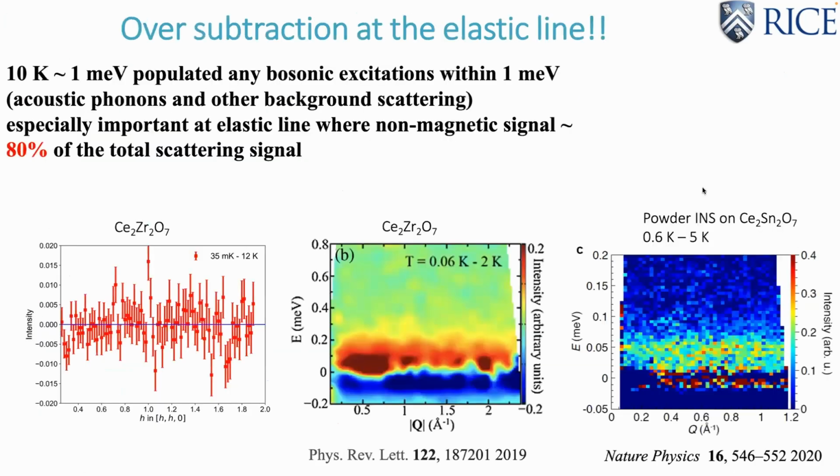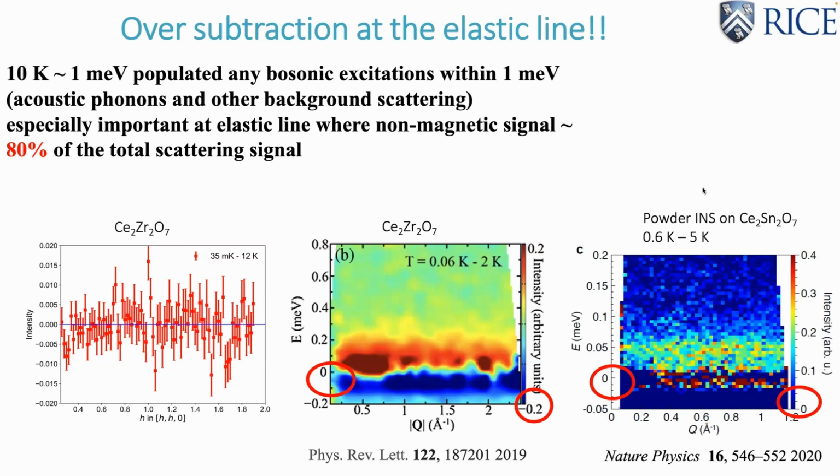However, this is not accurate at the elastic line. Imagine that 10 Kelvin already equals 1 meV. You can see in the first panel, that's the subtracted data. About half of the subtracted data is below 0. They have negative values. Also, you can see the neutron work from other groups.